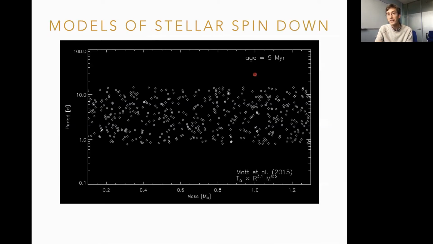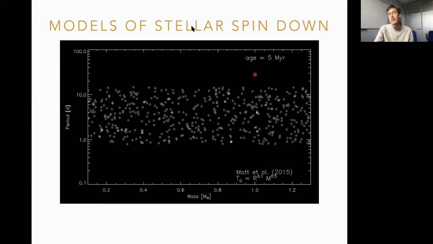There's a whole industry in trying to understand how the spin down is affected by things like magnetic field strength, by rotation rate, and all the rest of it. These are some examples from a nice paper by a colleague of mine at Exeter, Sean Matt, 2015, that looked at, basically, you populate a synthetic cluster. These are simulated cluster stars.